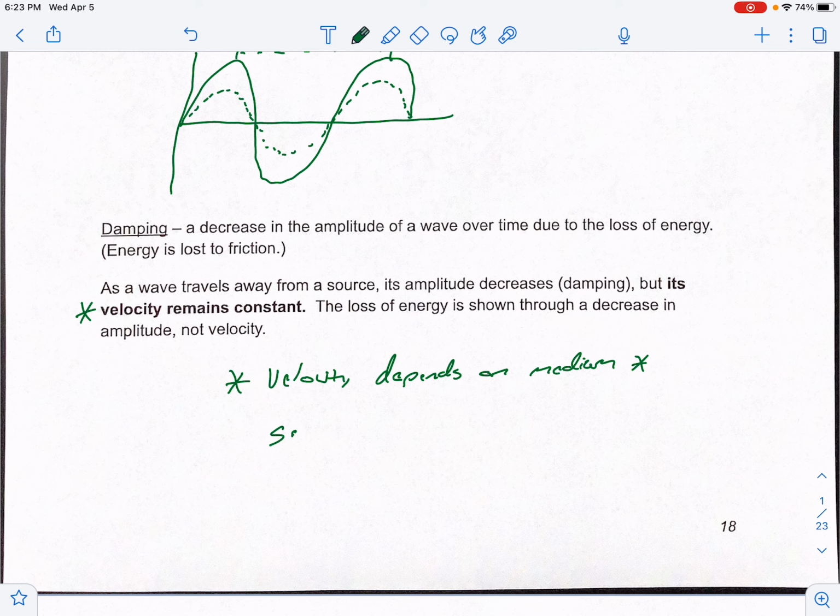If it stays in the same medium, you'll have the same velocity, so velocity does not change. If you change medium, like sound going from water to air or air to water, that's a different medium, which means you can have a different velocity, or it will change.